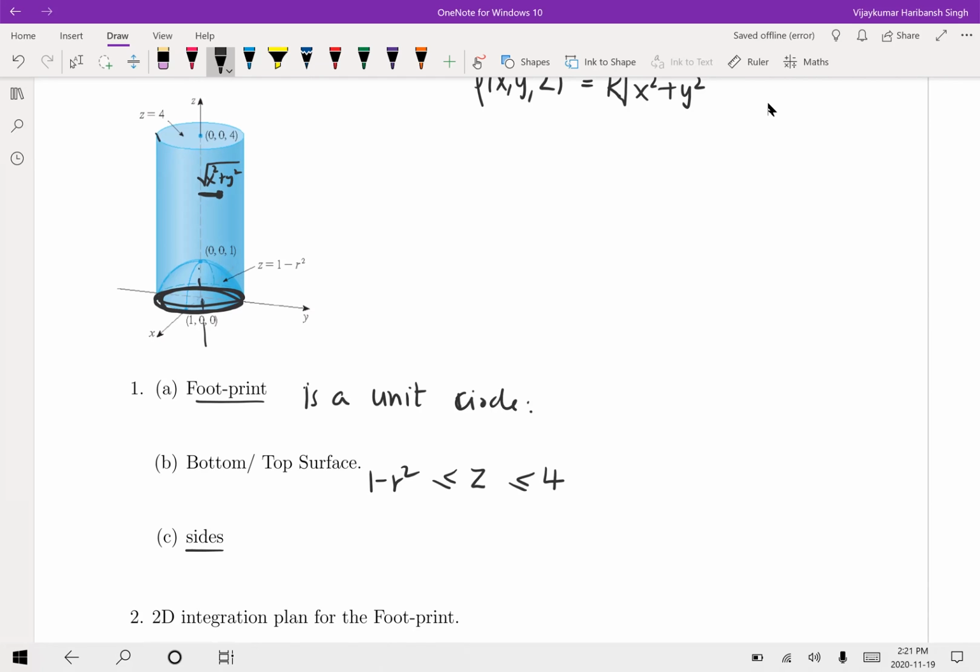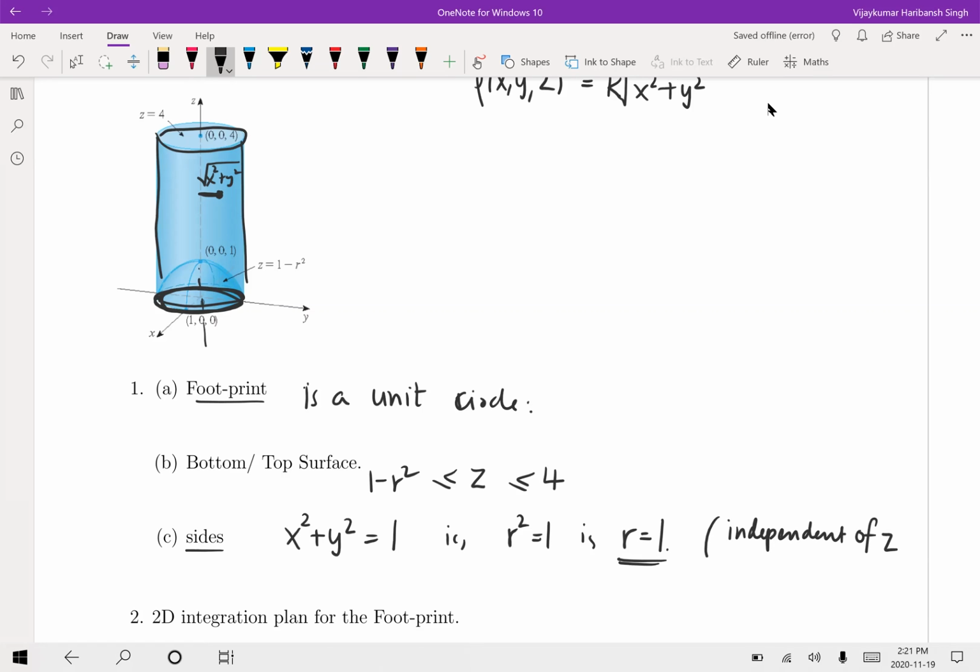There's top and bottom, but there's this one side. The side is a cylinder, x squared plus y squared equals 1. That is r squared equals 1, that is r equals 1, because it is independent of z. So one side other than top and bottom.